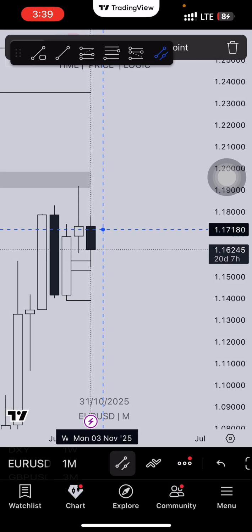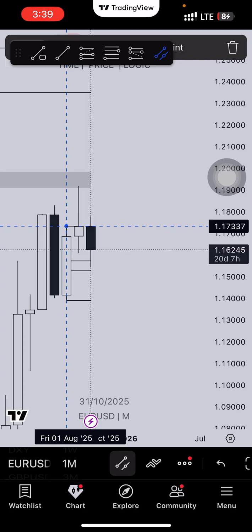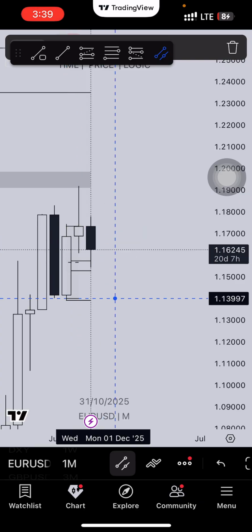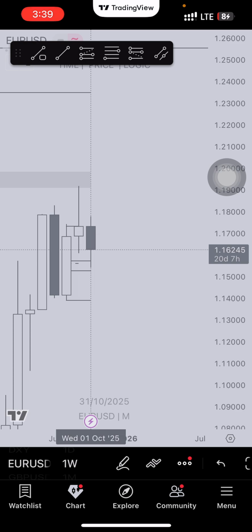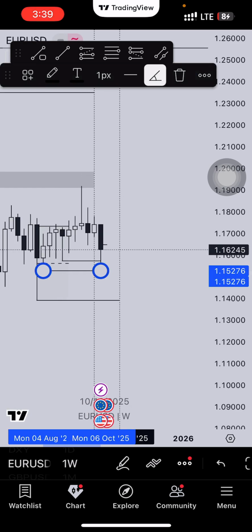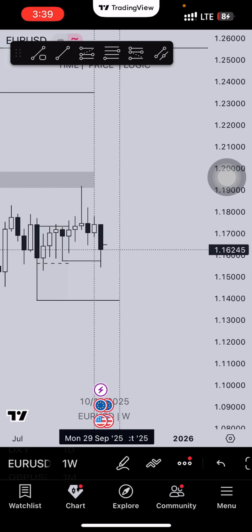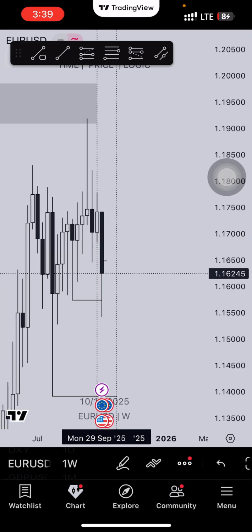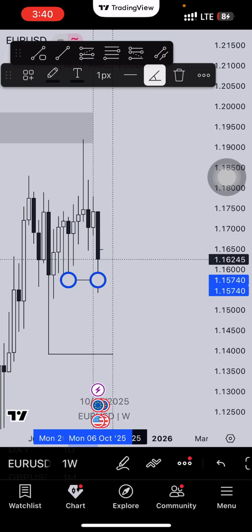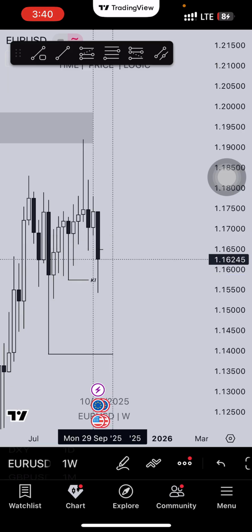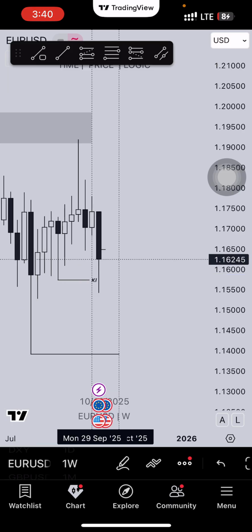Right, so we reached 50% of the monthly CLT, right here, as you can see, which is this low right here. I marked out the low, so that's the key level, right? So we reached the 50% and then we retraced to the upside.